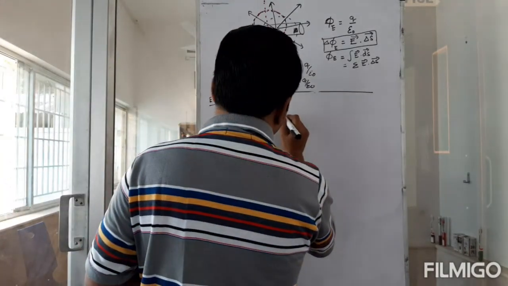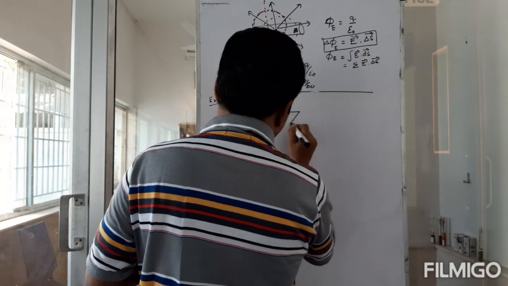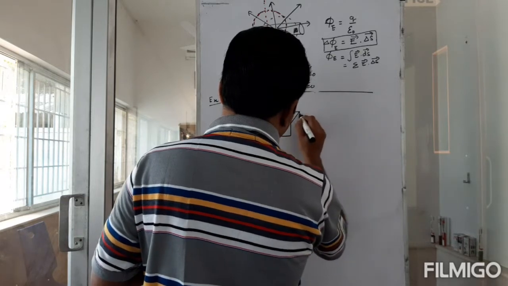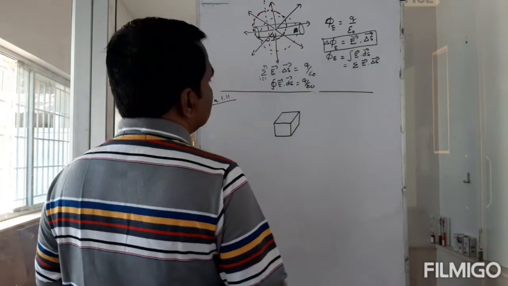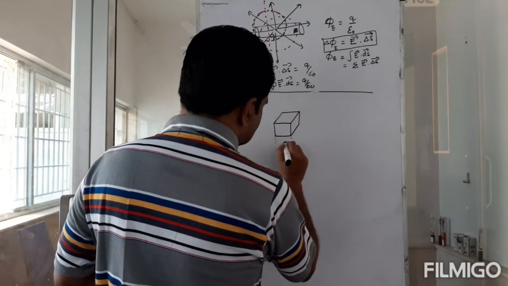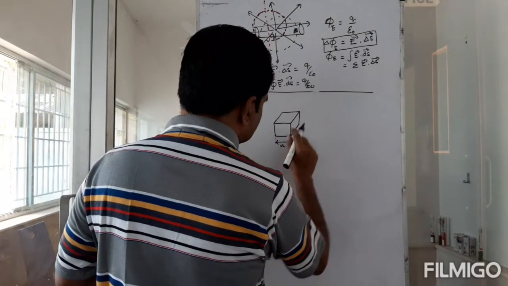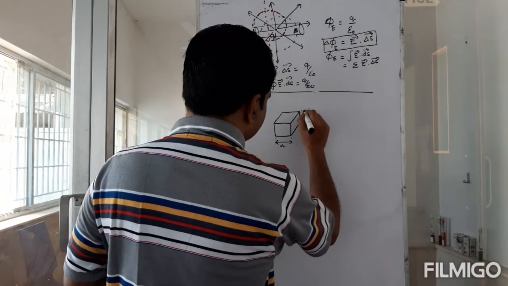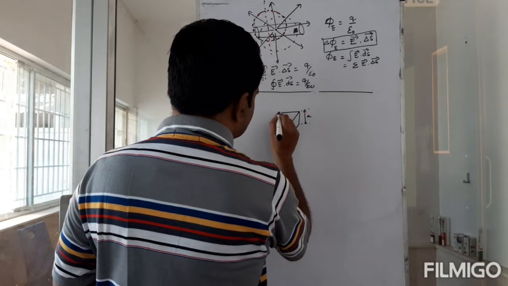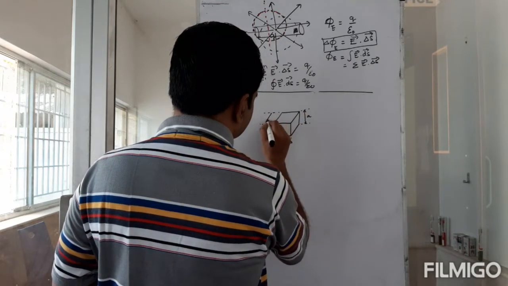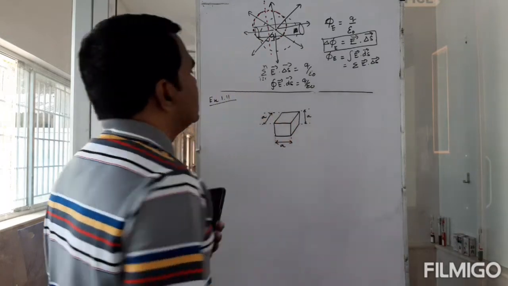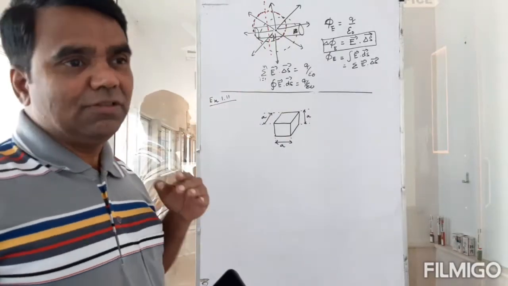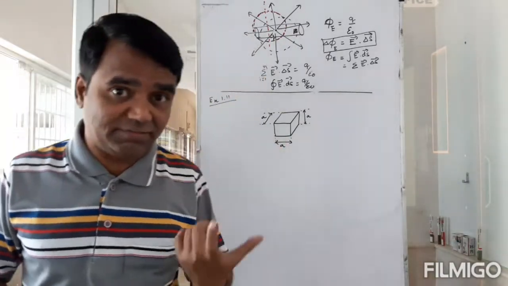So I've got a cube here. And the size is this. This is a, and this is also a, and this must also be a. And it has 6 sides, and each side will have an area, and each side will have an area vector, right? Okay.